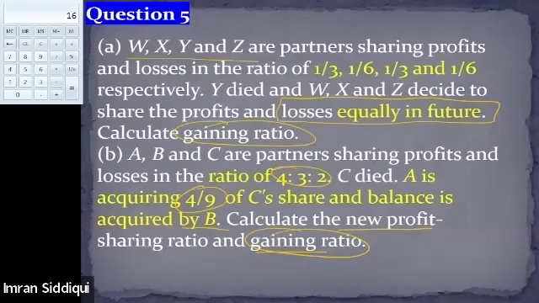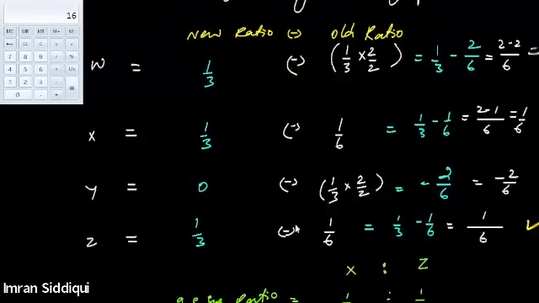Done, sir. Okay. Just a moment. Please tell me the answer for case A first. Gaining ratio is 0:1:1. That means 1:1. Yes, sir. That's right. Perfect.